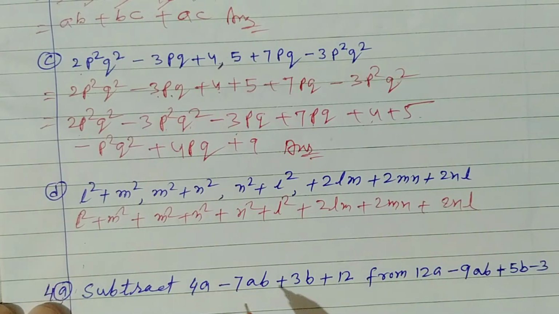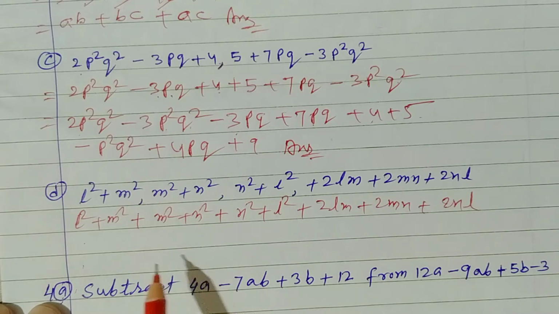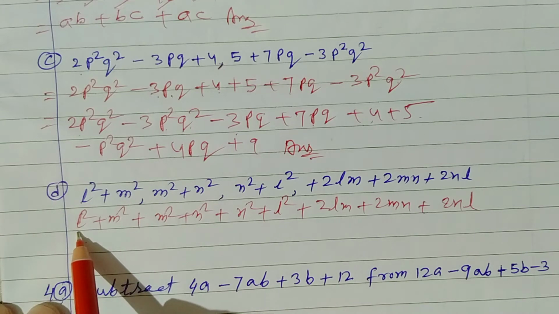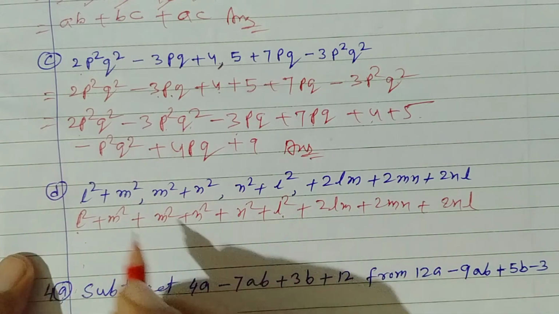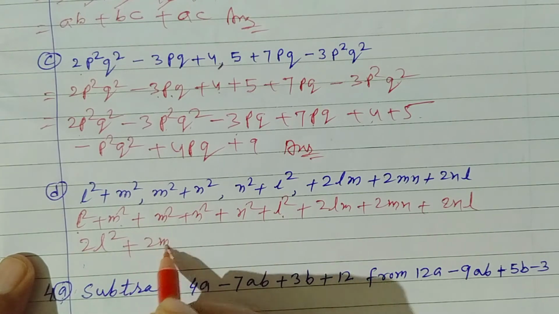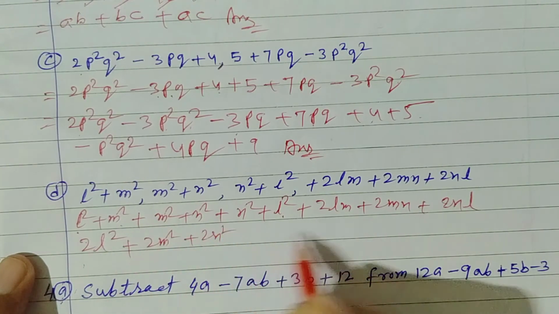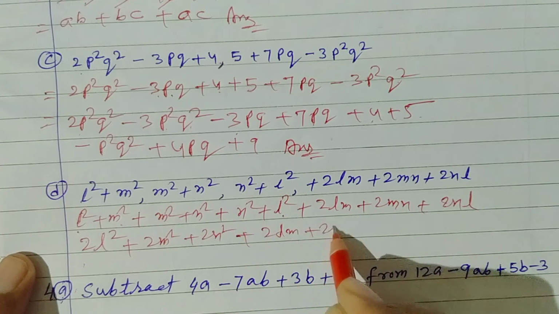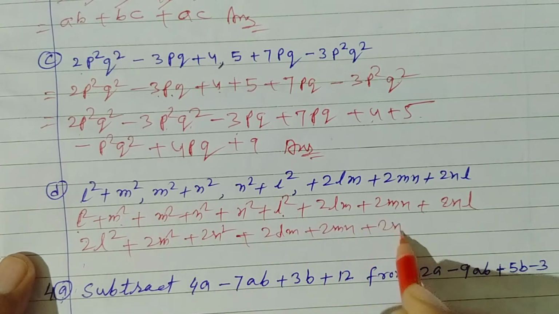After that, see how many L: here is also one L, so 2L. So we can write 2L square plus 2M square plus 2N square plus 2LM plus 2MN plus 2NL.